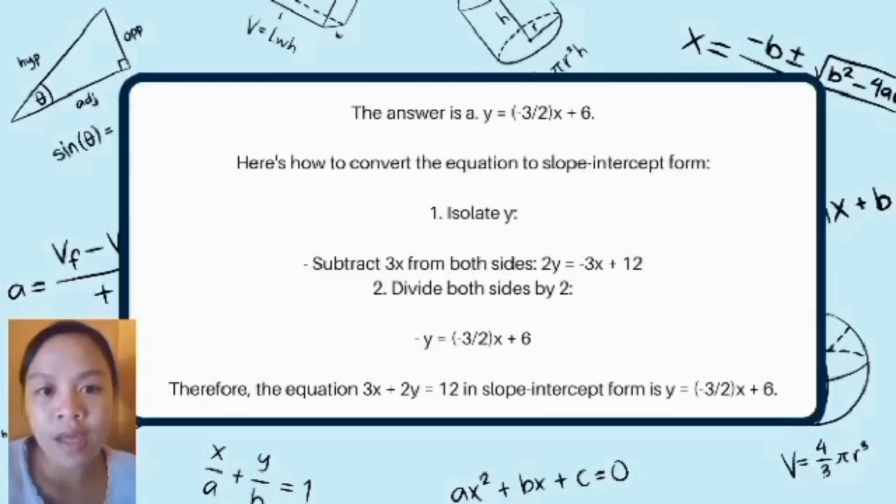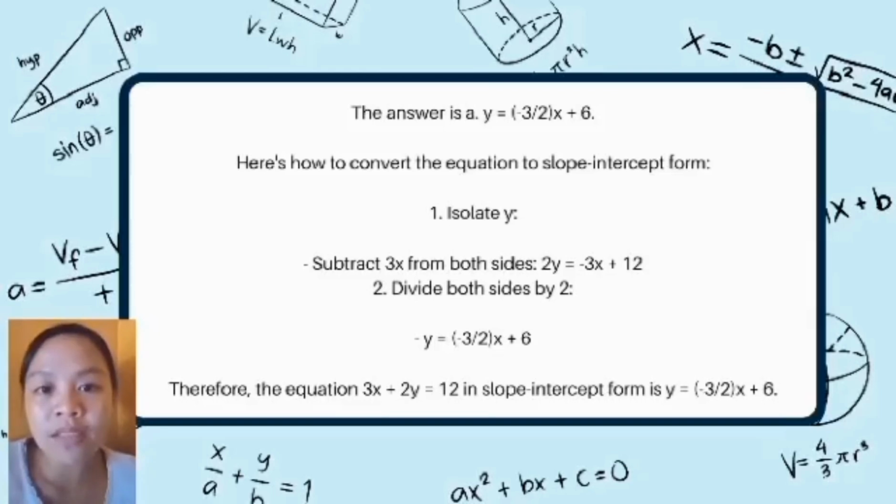So the first step is subtract 3x from both sides. This will move the x term to the right side of the equation. So 3x plus 2y minus 3x equals 12 minus 3x. So 2y equals negative 3x plus 12.